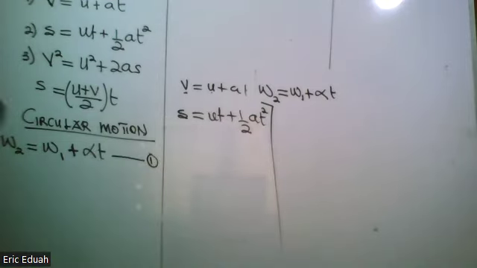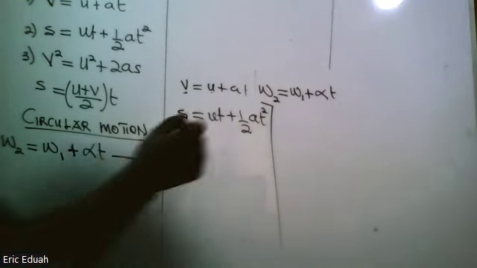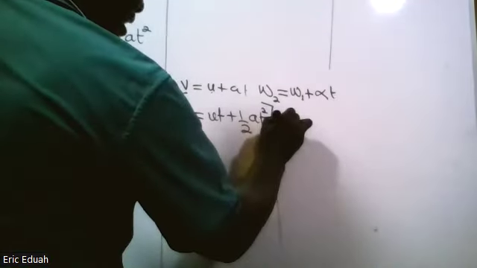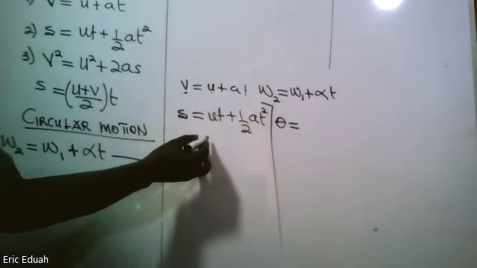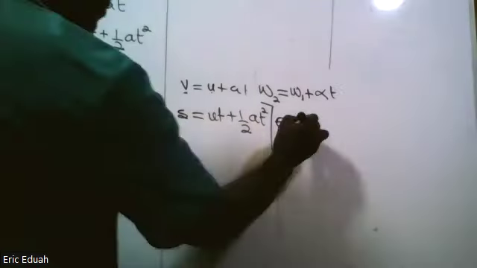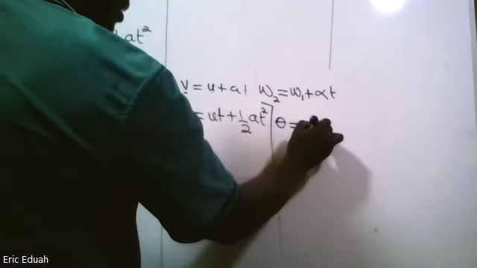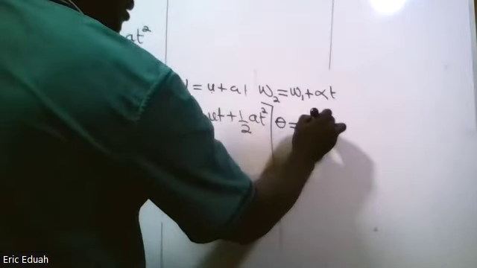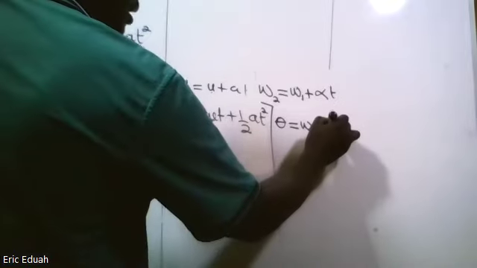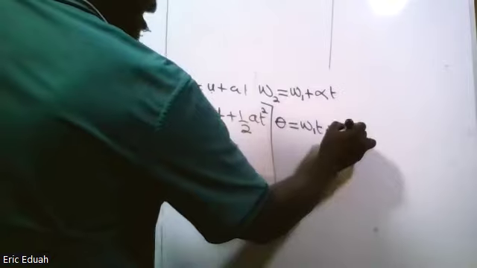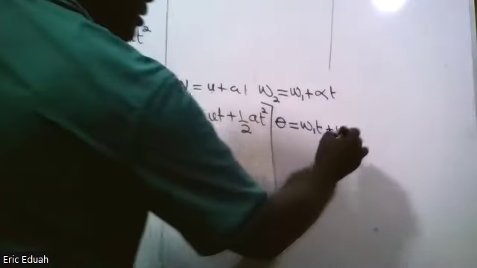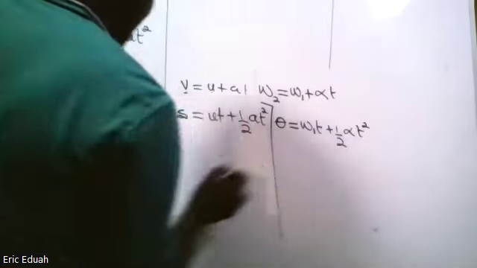Angular displacement. Theta is equal to u, the initial velocity. We have initial angular velocity omega 1 times t plus half angular acceleration times t squared.